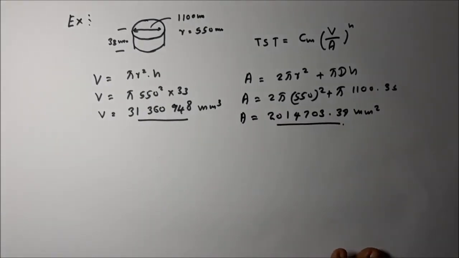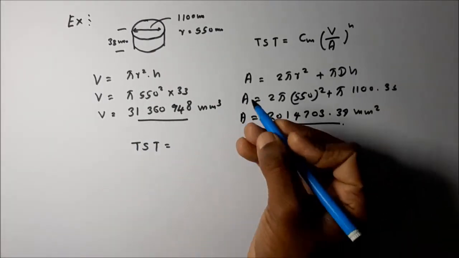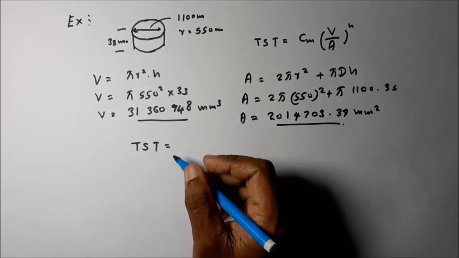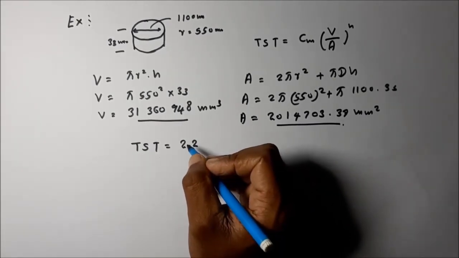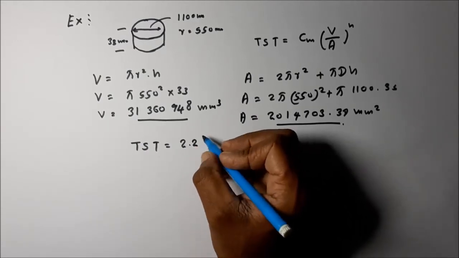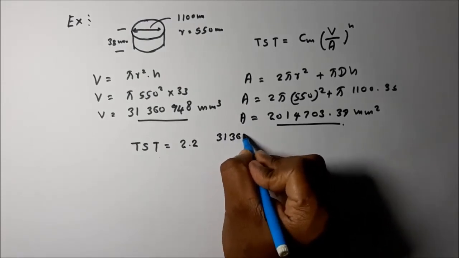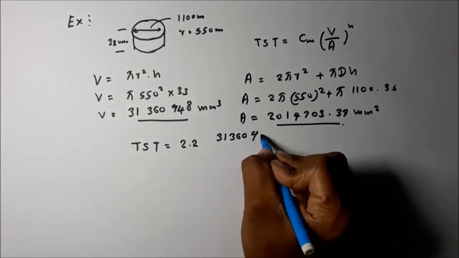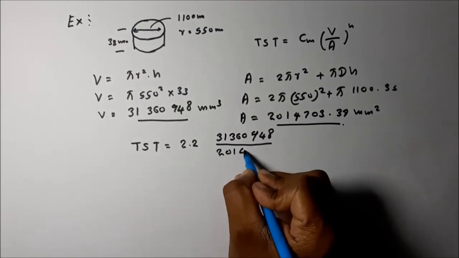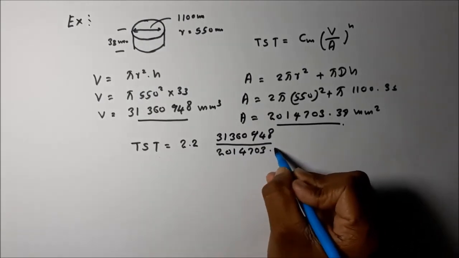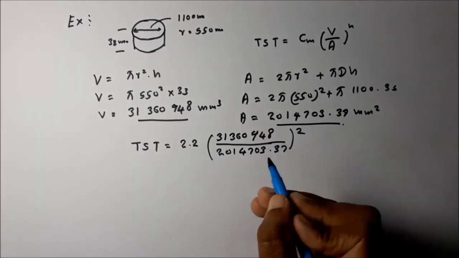So then we can apply these values to Chvorinov's rule. Total solidification time is equal to Cm, the constant given as 2.2, with the unit seconds per millimeter square, times volume 31,360,948 divided by 214703.37, to the power of 2.